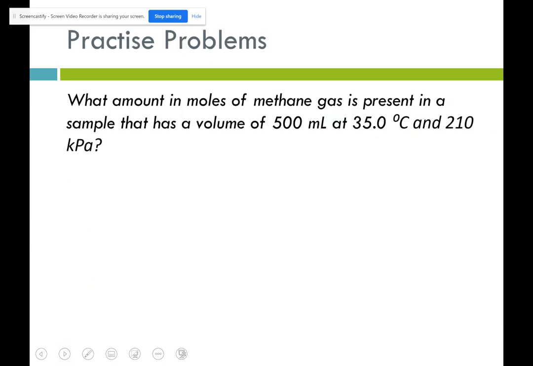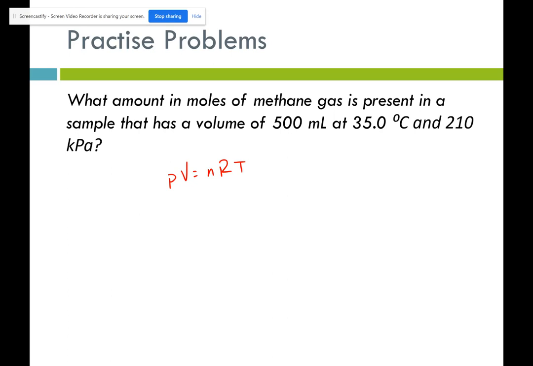Okay, let's take a look at how we would use this. It says, what amount in moles of methane gas is present in a sample that has a volume of 500 mL, a temperature of 35 degrees Celsius, and 210 kilopascals? So this is when we're going to use PV equals nRT.